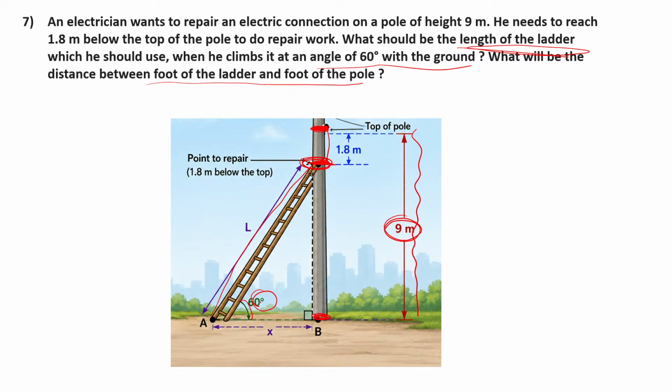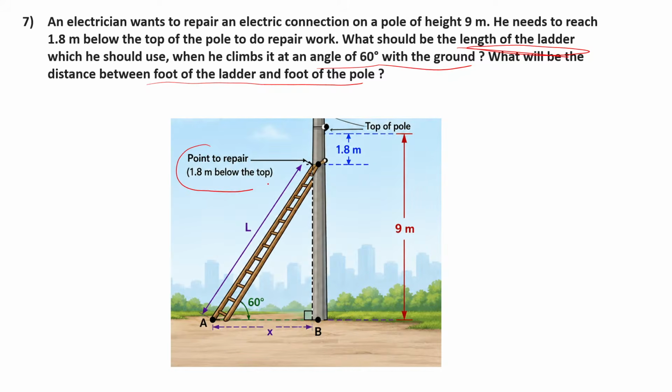Now here in this case, 60 degrees is the angle of elevation because the electrician must look upwards and work. So he raises his head, hence it is called the angle of elevation. Here the instructions are very clear.